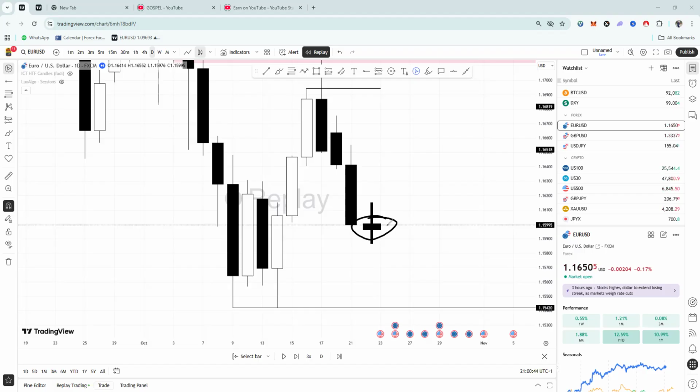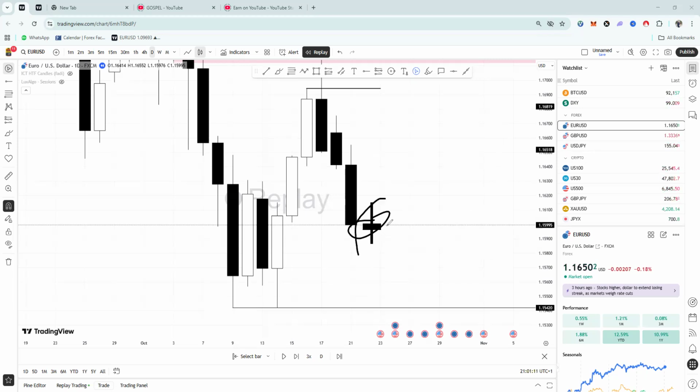When the bodies are contracting, it tells us that an expansion is on the way. Now, this contracted body on the higher time frame is going to be a range on the lower time frame, which means that when price starts ranging on the lower time frame, that's the time where there is likely going to be an expansion. So when we are talking about contraction, we are looking at candle bodies, not the wicks.